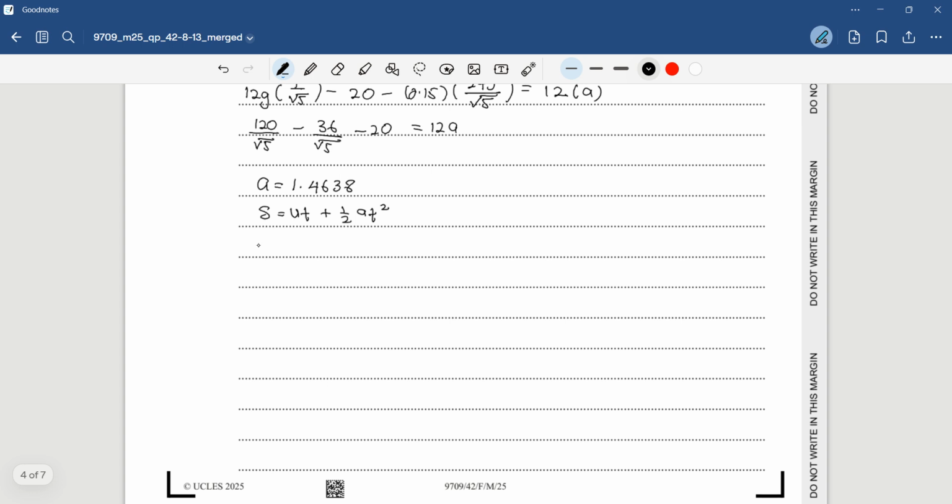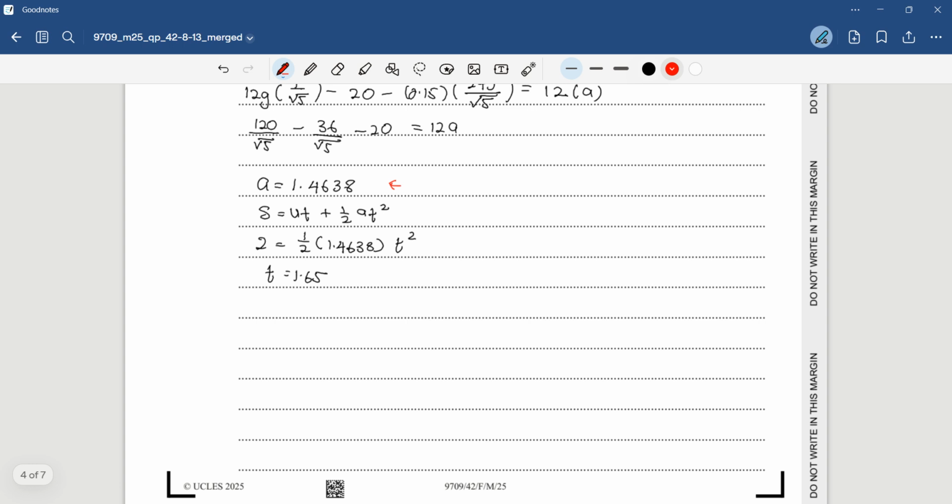My S just now is 2, equal to u, which is 0 because its initial speed is 0, so 1 over 2, my a is 1.4638, t squared. Therefore, your t will be 1.65. For the final answer here, you can give three significant figures, but please don't change this value to three significant figures because it will affect your further calculation.